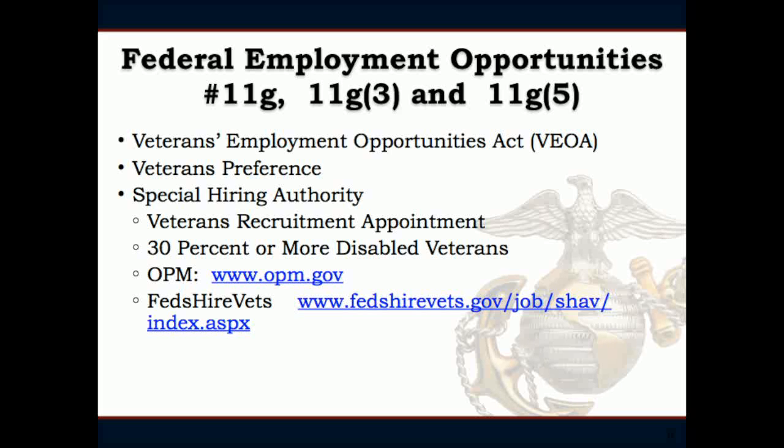10 points are given to disabled veterans, and veterans who are awarded the Purple Heart and honorably separated. The point system program is administered by OPM. The VA issues letters to OPM indicating the degree of disability for veterans' preference purposes.